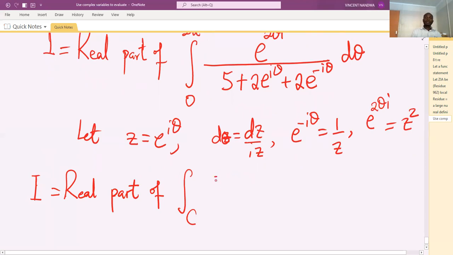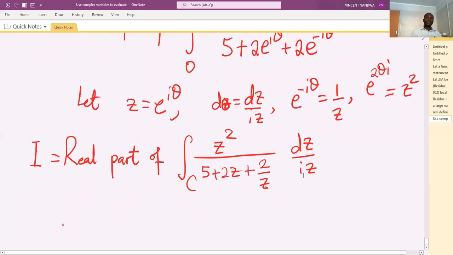So we'll have z squared over 5 plus 2z plus 2 over z, then dz over i z. You specify that C is the unit circle.